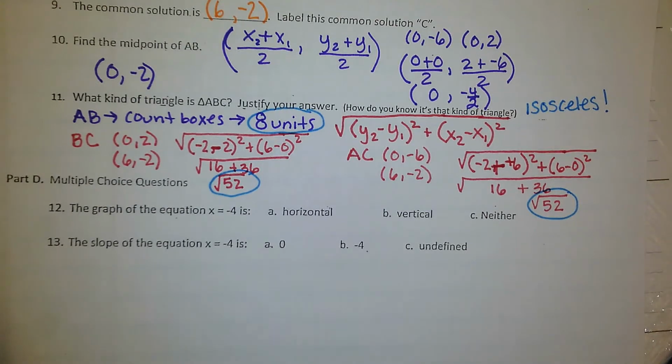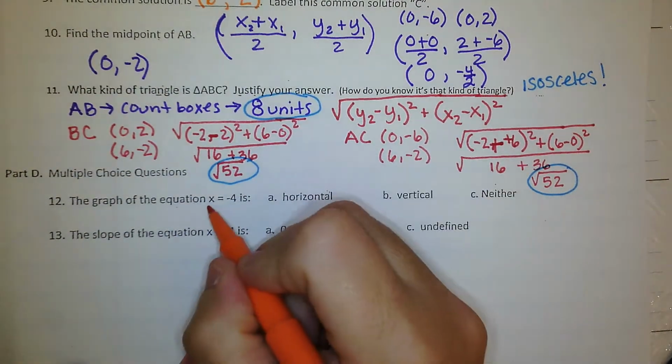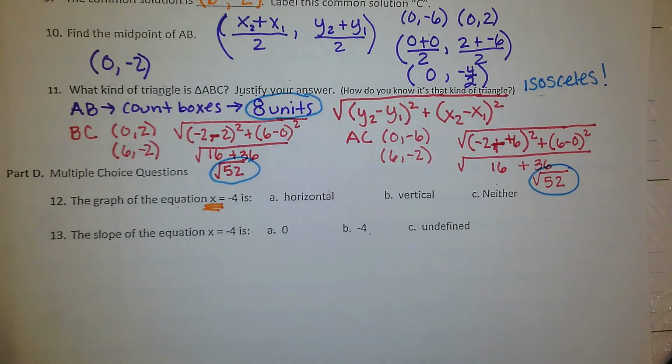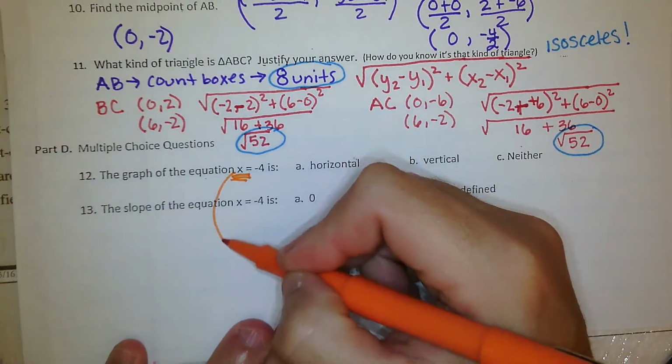Part D, really quick. I love these questions because they're super fast as long as you know what you're doing. The graph of the equation x equals -4. So this equation starts with x equals, which means that it's passing only through the x-axis. So what that looks like is this.